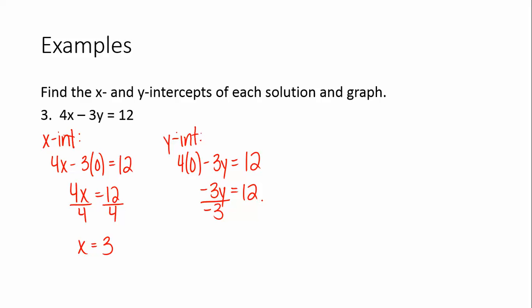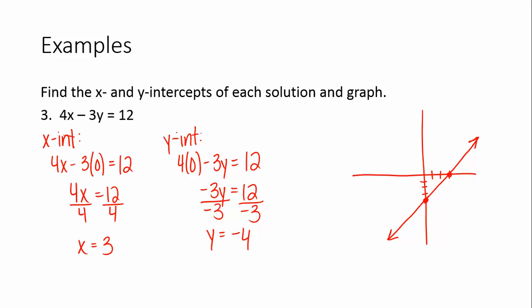Divide both sides by -3, and we get that y equals -4. So we have an x-intercept of 3 and a y-intercept of -4. So when we graph this line, we're going to go to +3 on the x-axis. We are going to go to -4 on the y-axis. And we're going to connect the dots to draw the line.